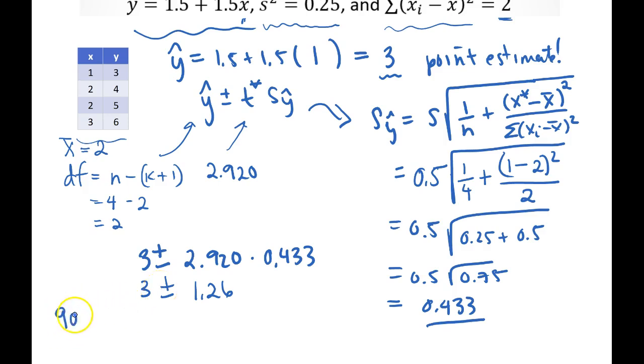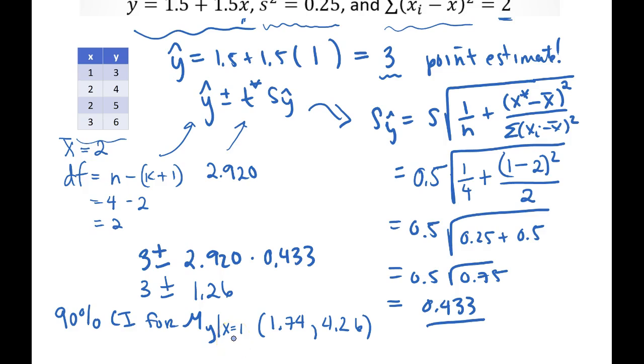So the 90% confidence interval for mu y, for the true response given x equal to 1, is 1.74 to 4.26. And that's how we can calculate the confidence interval for the response.